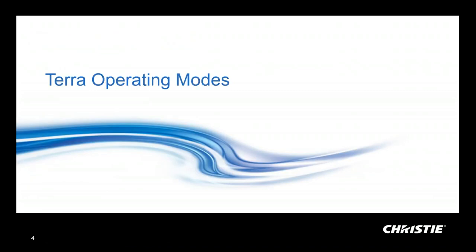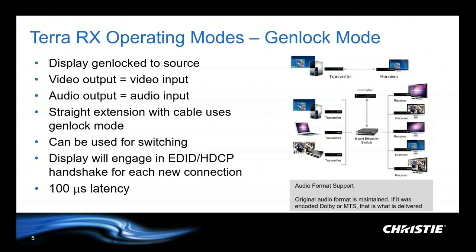So, Terra operating modes. First of all, I'm going to talk about the receivers. An RX is a receiver, so anytime you hear me mention an RX, I'm talking about a Terra receiver. The first one I'm going to talk about today is Genlock mode. What that does is lock the display to the source.